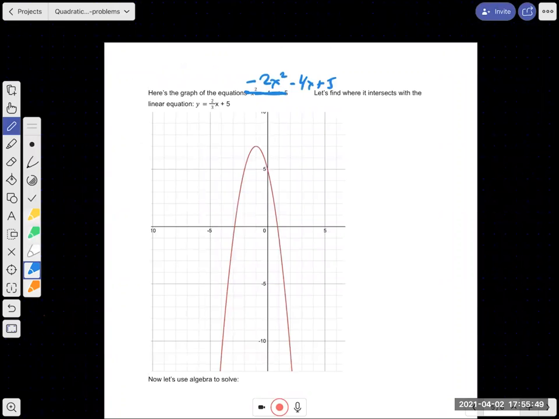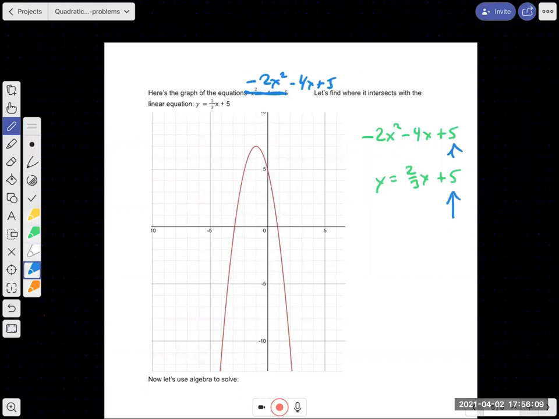Well, so if you look at these two, and y equals 2/3 x, so we have a quadratic and a linear. But what you'll notice is that they both have the same y-intercept.